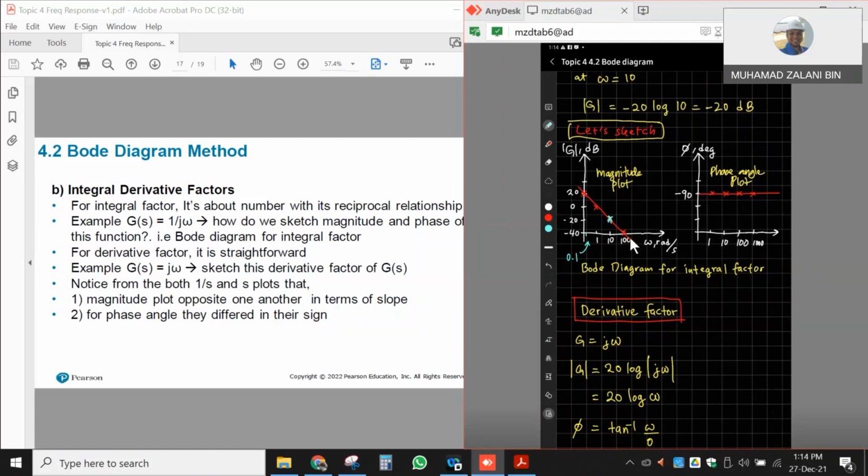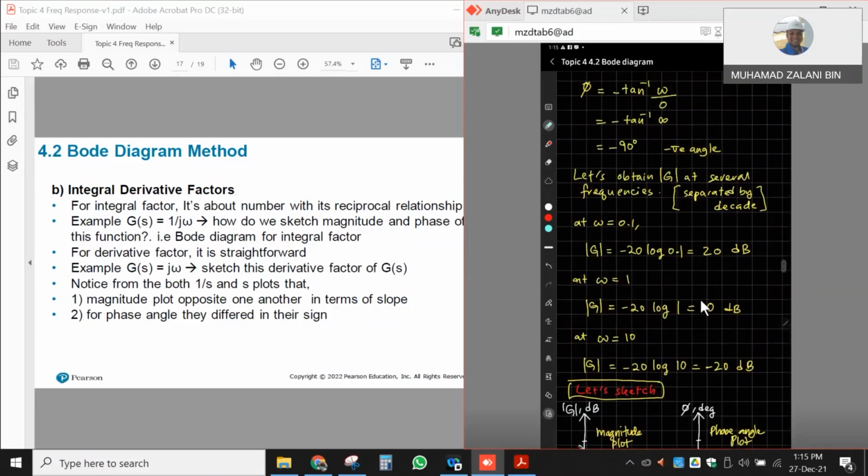At nearly 100 here, it is supposed to be negative 40. So the plot has a negative slope.